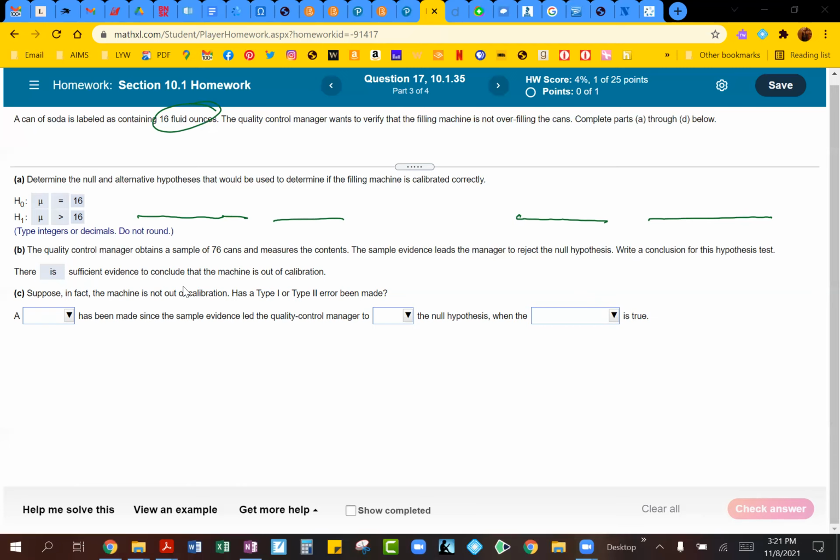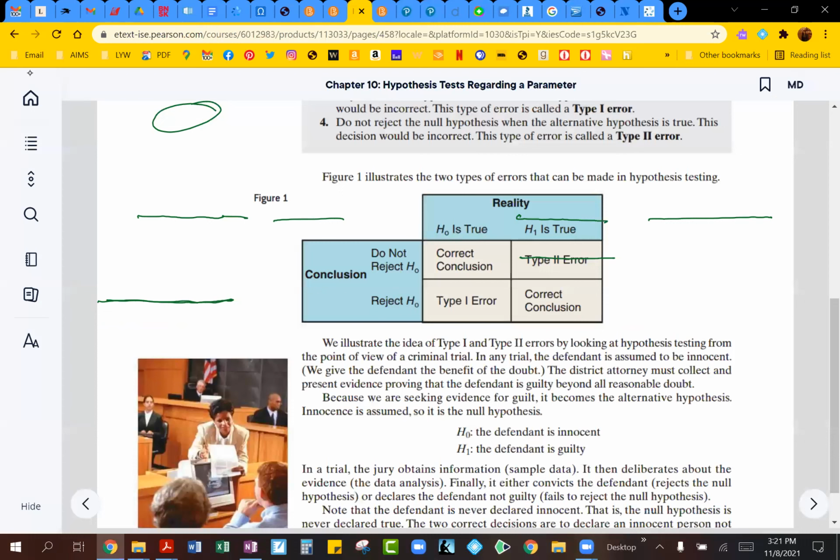What kind of error have you made? If the machine is not out of calibration, but we still rejected the null hypothesis, what kind of error are we looking at? Type 1 or type 2 error?